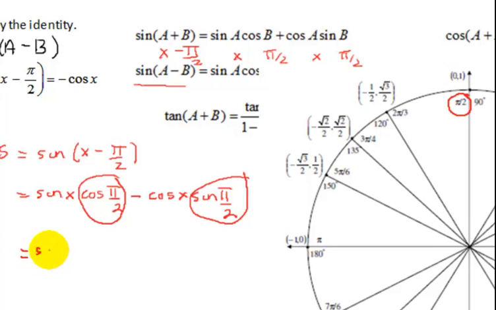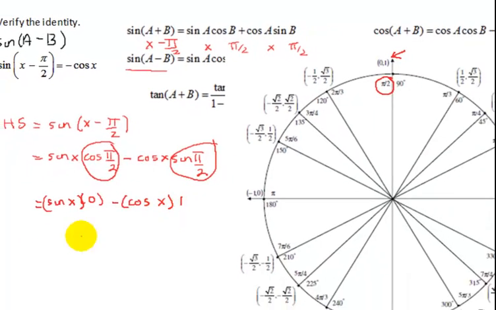So this is the sine of x times 0 minus the cosine of x. I better be careful how I write that. It's the sine of x times 0 minus the cosine of x times the sine of pi over 2. So that is the y coordinate of this point here, so it is 1.